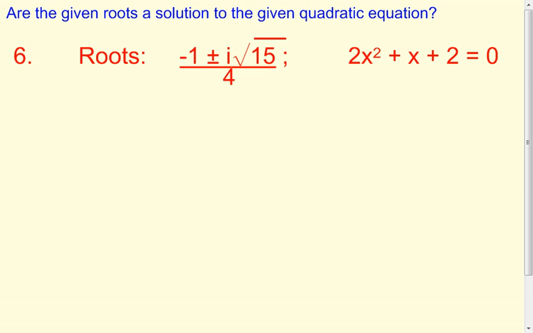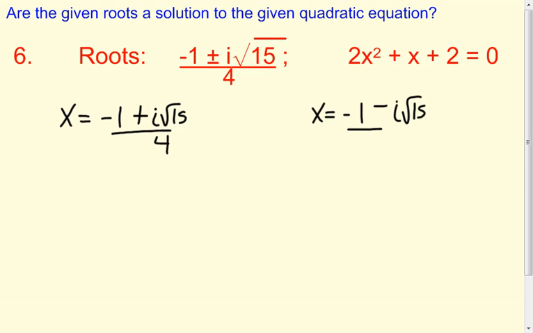Okay, so again, you've got one root that looks like this, -1 plus I root 15 all over 4. And then you have another one that's -1 minus I root 15 all over 4. Okay, so you, in this case, to get this set equal to 0, are going to multiply both sides by 4 so that that drops out.